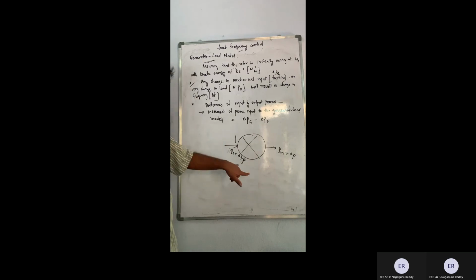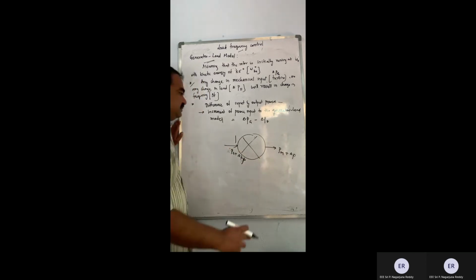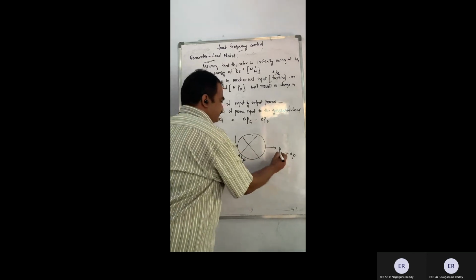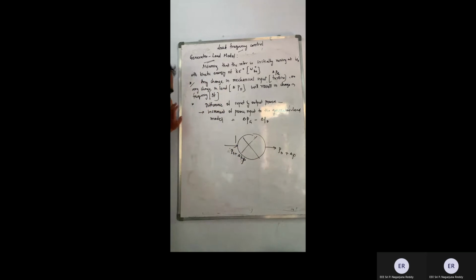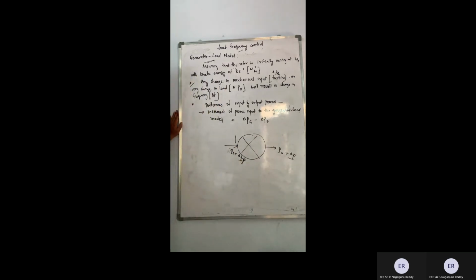When there is a difference between the changes in delta PG and delta PD, the remainder acts as an input to your rotor.